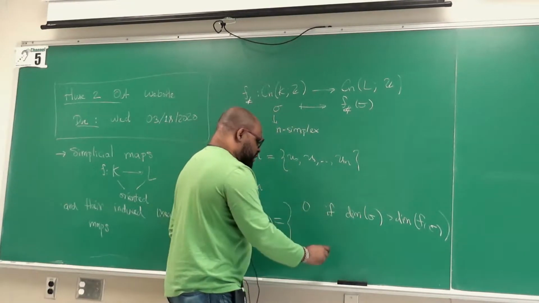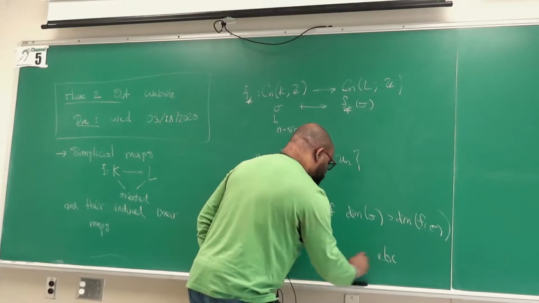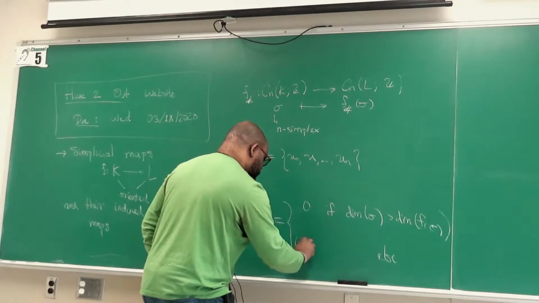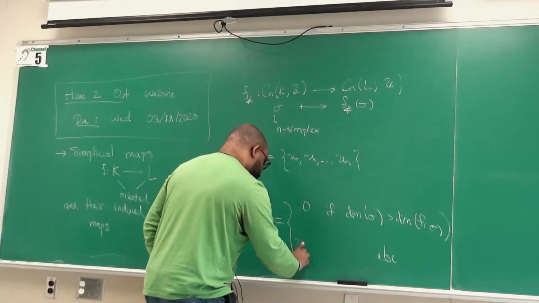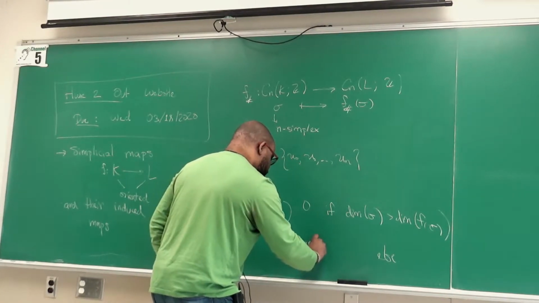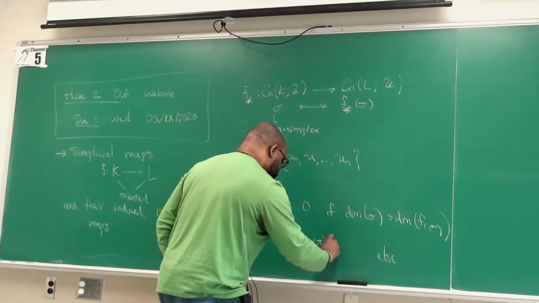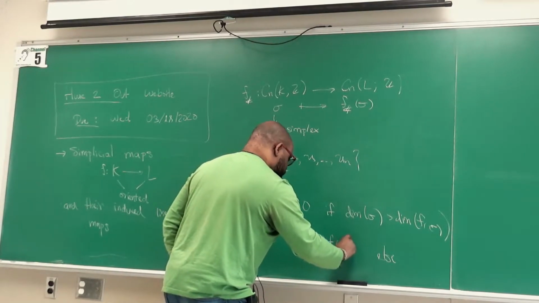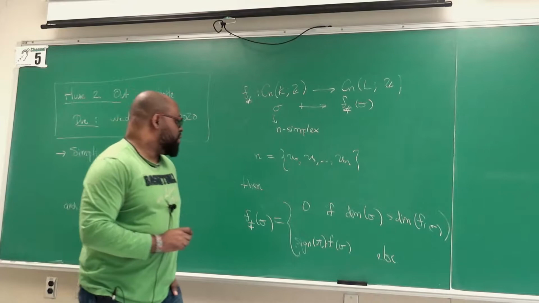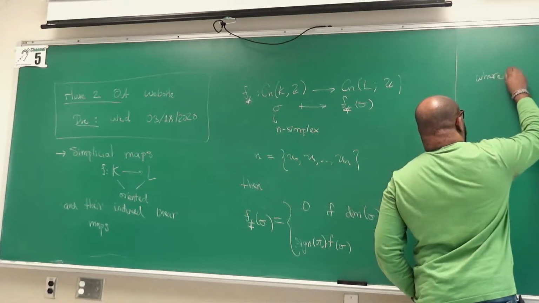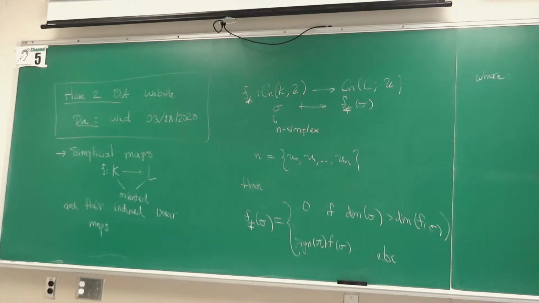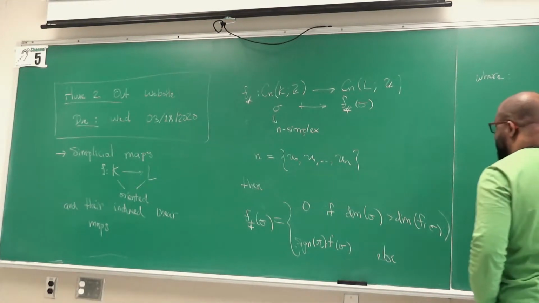And if not, you get plus or minus 1, the sign of pi, which I'll explain in a moment, times F of sigma, where we need a couple of notational devices.